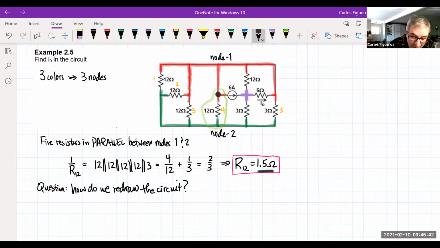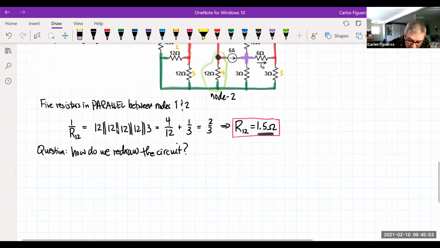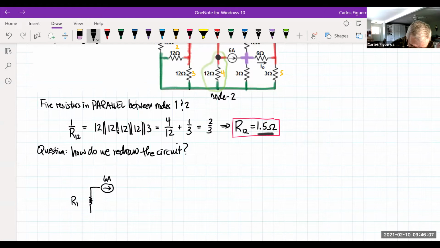So if I do that, look how I draw this now. I have my current source. Here's my 6 amp current source. Now I'm reducing this guy to the resistor 1, 2.